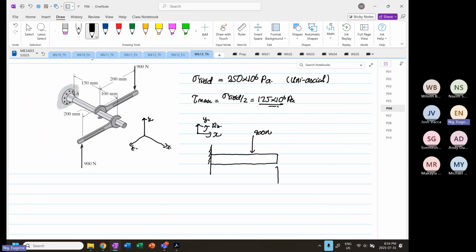And I have a load down here that's going up by 900 Newton.